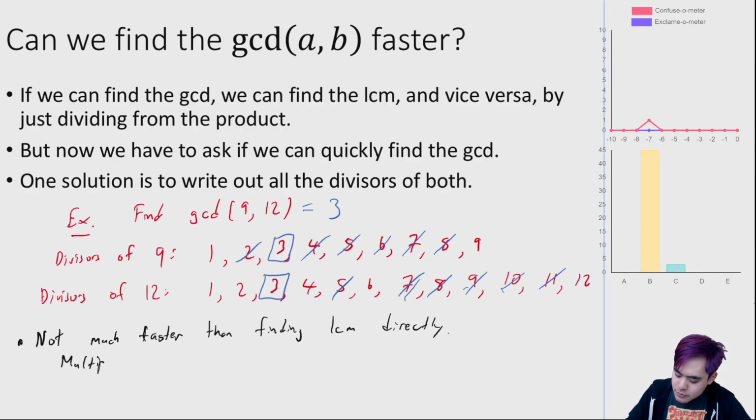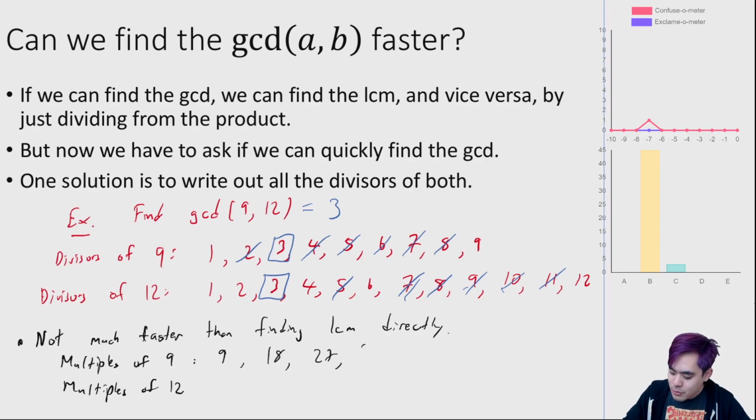So 9, 18, 27, 36, and 12, 24, 36. And that gets us the least common multiple really quickly. So the least common multiple of 9 and 12 is equal to 36. And we can also then solve for either one by just taking 9 times 12 is equal to 3 times 36.